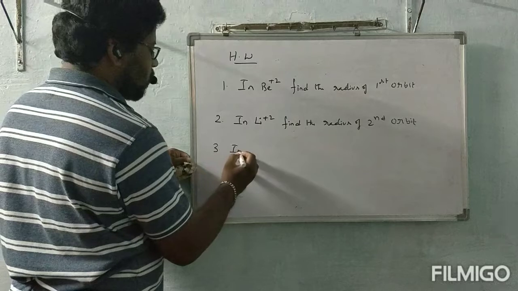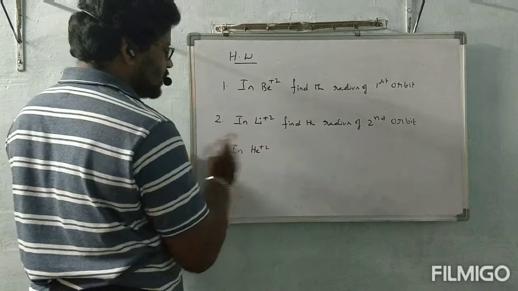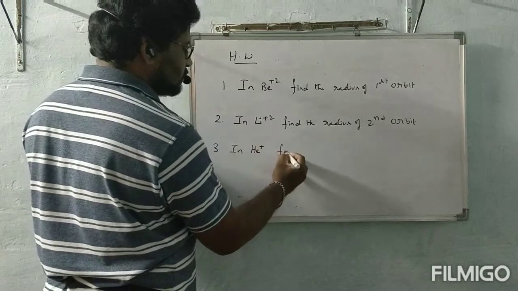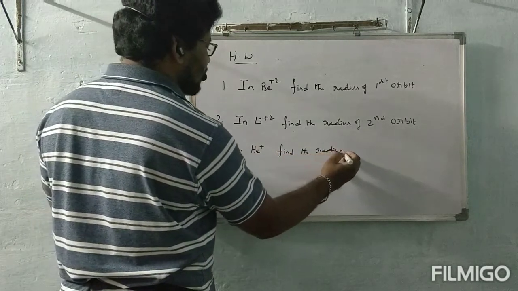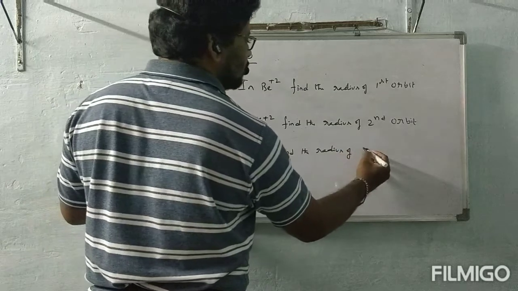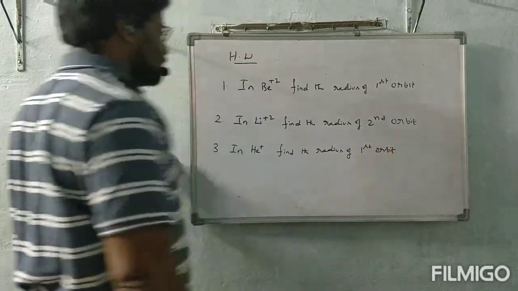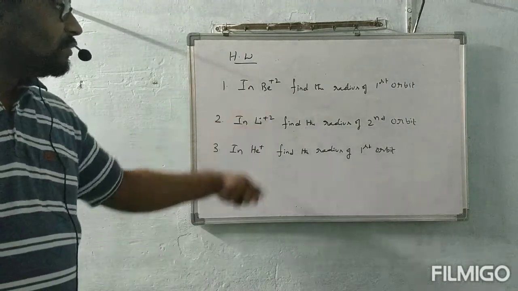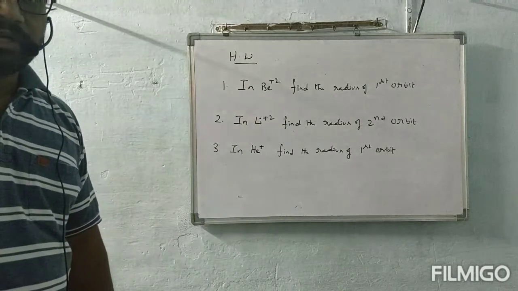Third one: in He plus, find the radius of first orbit. By using the formula in angstroms, you can find these three. Let us take these three as homework.